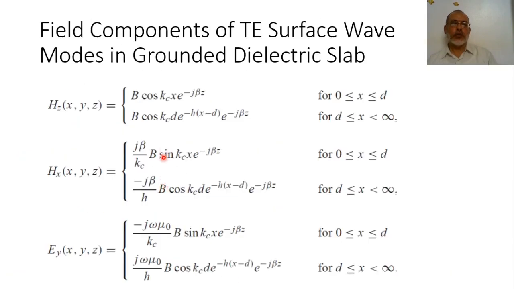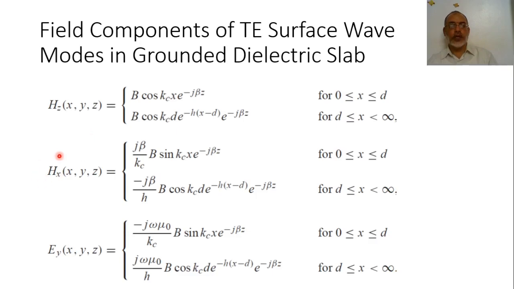So we are saying that here d is b cosine kcd multiplied by e to the power hd, and the remaining part is e to the power minus hx e to the power minus j beta z. Here this is the value of the longitudinal magnetic field.